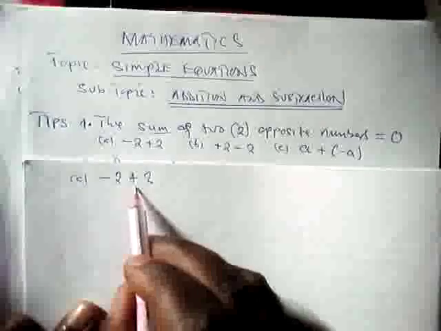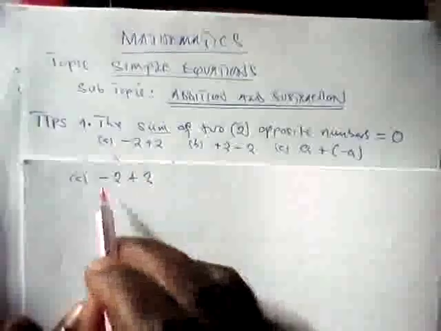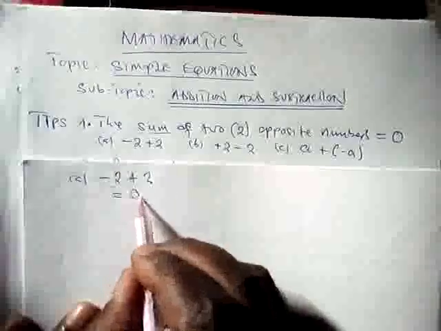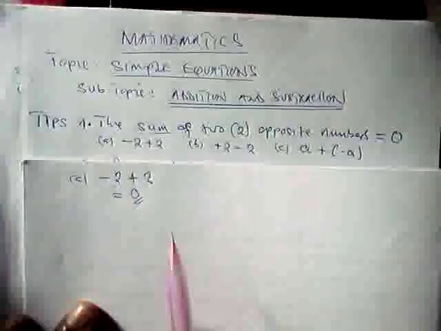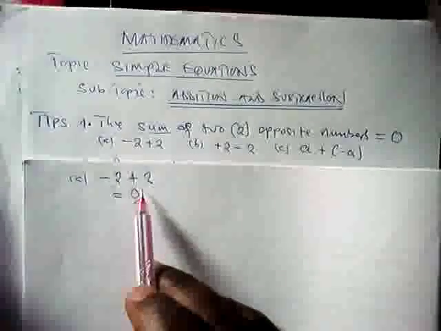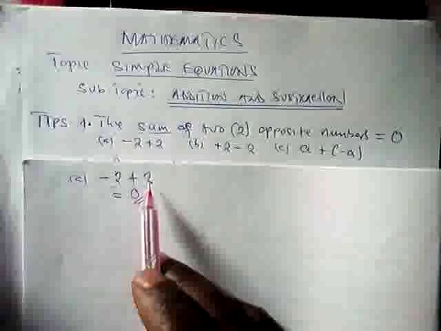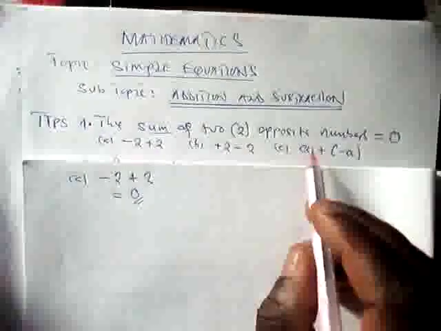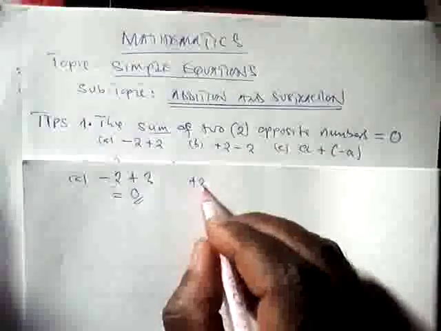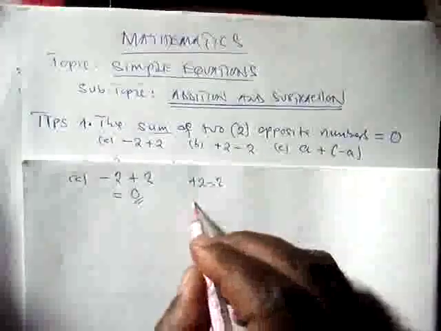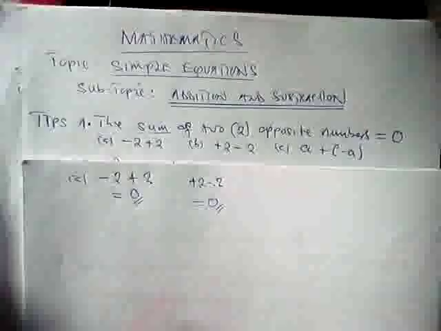What differentiates them is that this one is positive 2, this one is negative 2. So when you add, the result here, you just write 0. This skill of knowing opposites is the skill that will help us understand simple equations. Then we have positive 2 minus 2. You take away 2 from 2, you remain with 0.